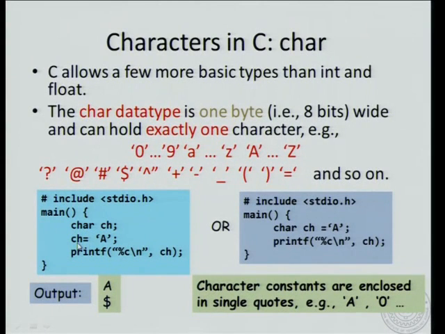In order to assign it any particular character constant, you write ch equal to 'a' within single quotes. This is how you would assign any character constant. All character constants are supposed to be enclosed in single quotes.